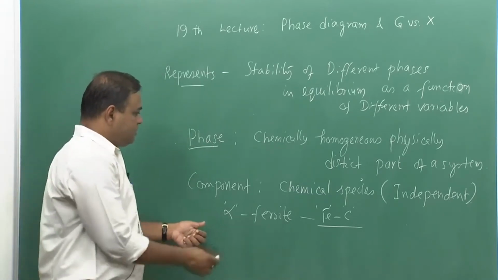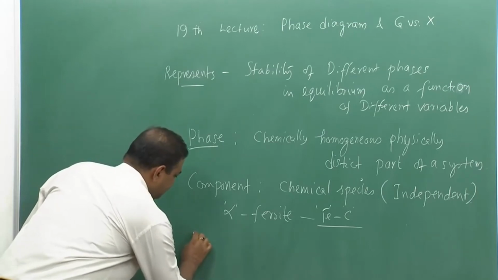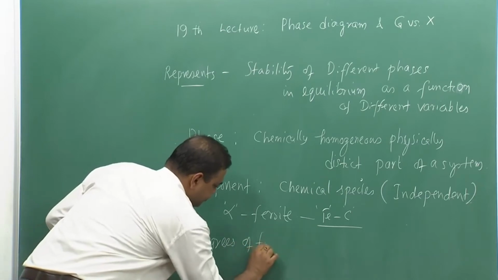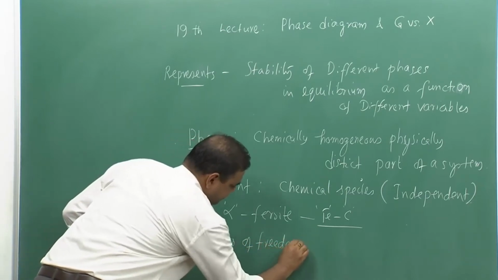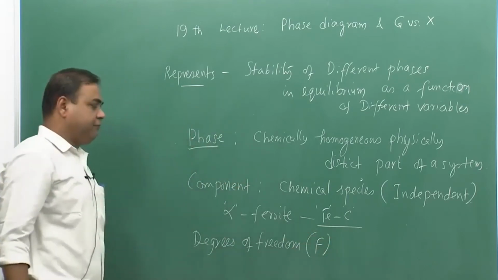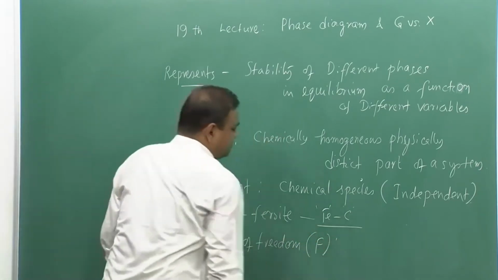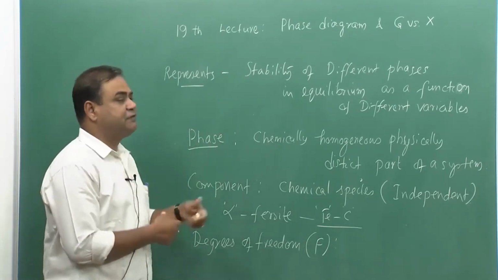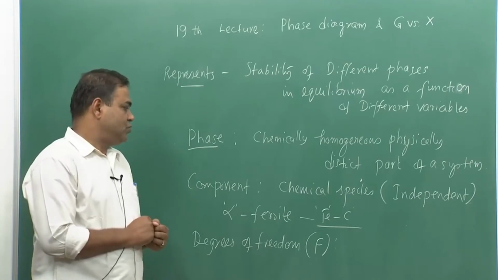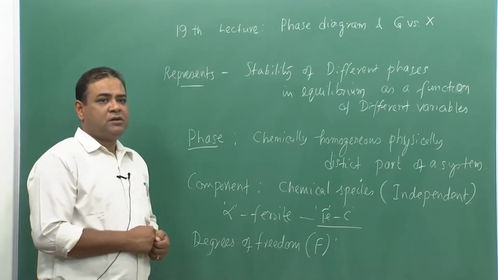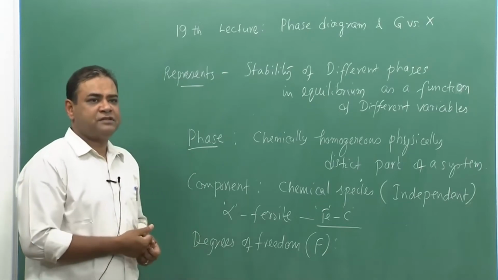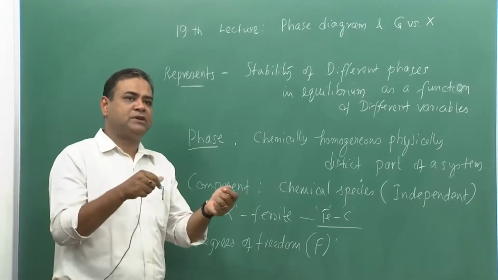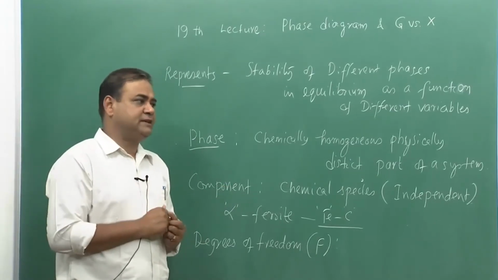And then we have degrees of freedom. Which we consider as F, which tells me that in order to dictate a stability of different phases in equilibrium, we need to understand that what would be the number of variables that will be required to define that particular stability at that equilibrium.